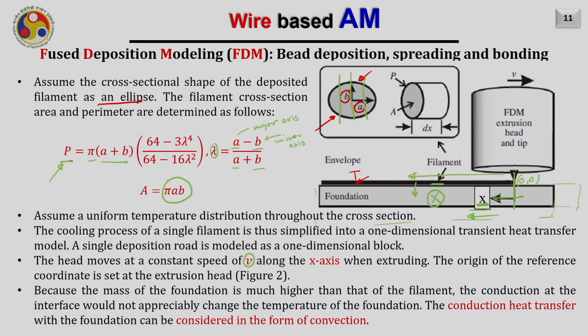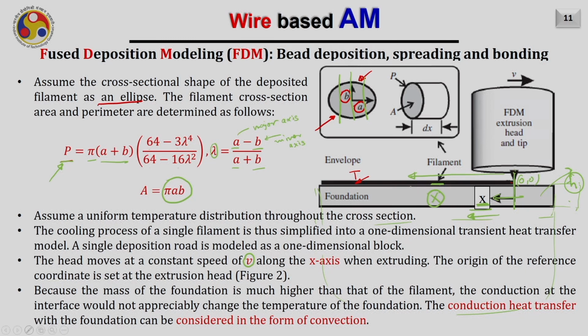Because it is assumed to be very large and its temperature is not changing, its temperature is equal to the ambient temperature. Therefore, the heat transfer into the foundation is assumed to be from convection only.